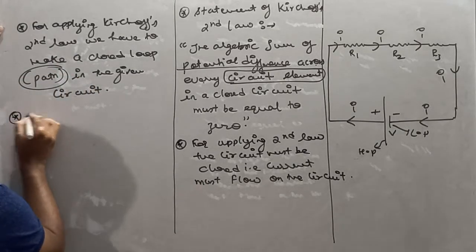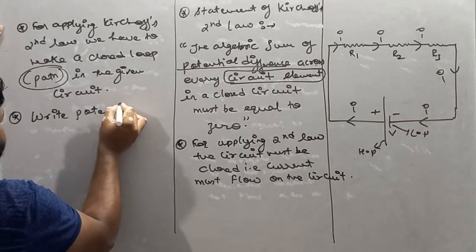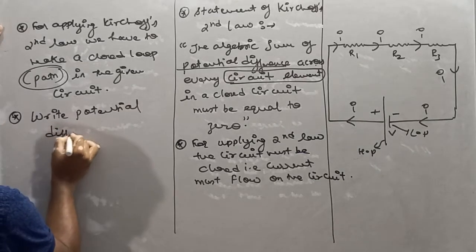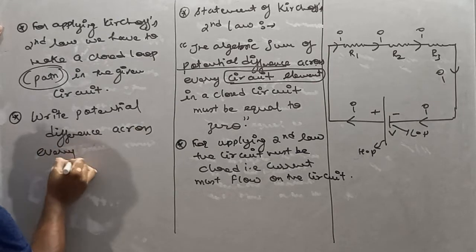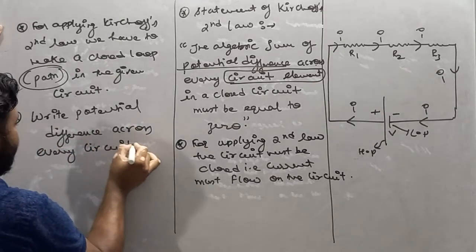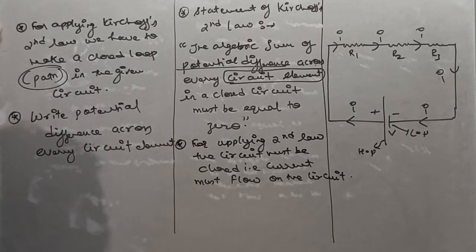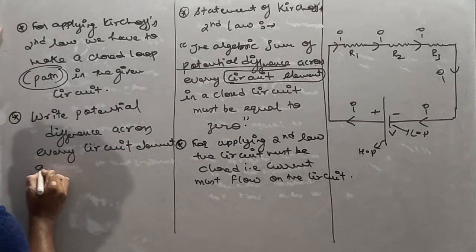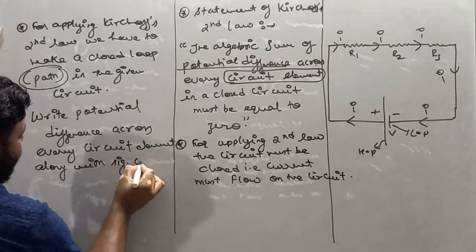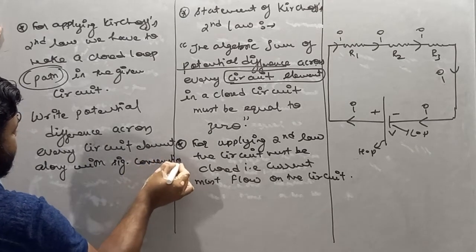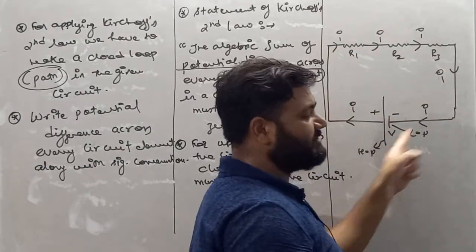Next, write the potential difference across every circuit element along with the sign convention that we already studied.